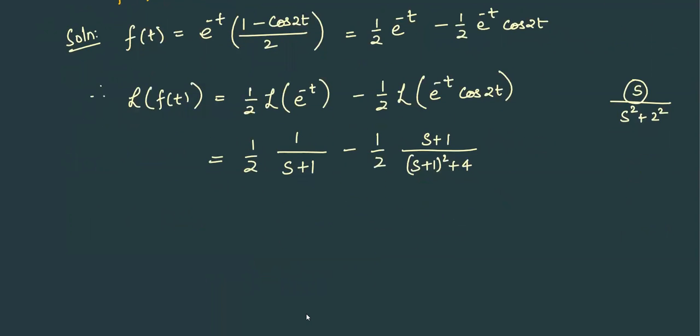So this is the method. We can simplify this further if we want. This is s square plus 2s plus 1 plus 4, that is s square plus 2s plus 5, and s plus 1 the whole square is s square plus 2s plus 1.